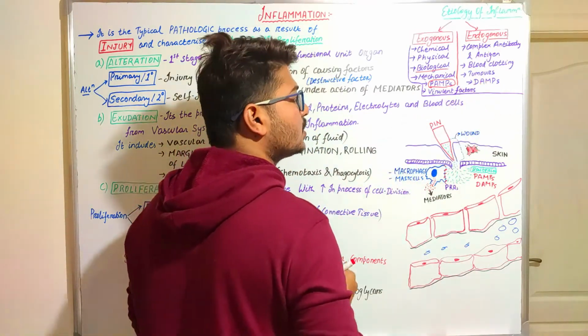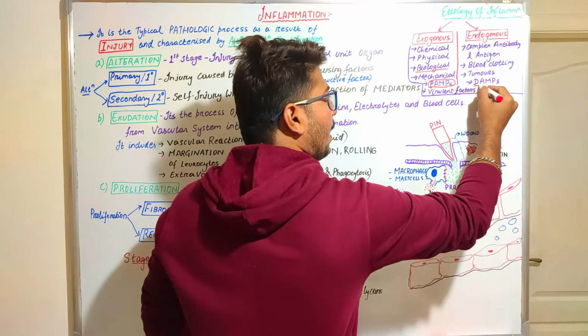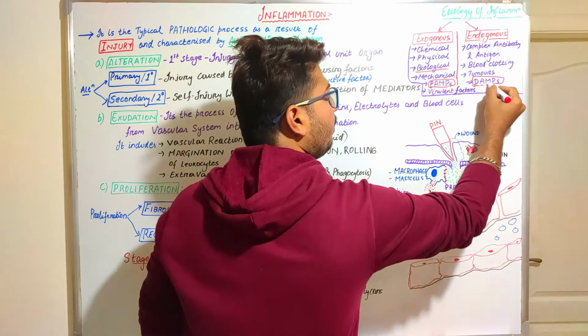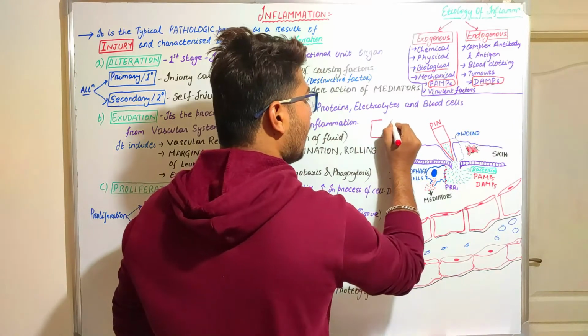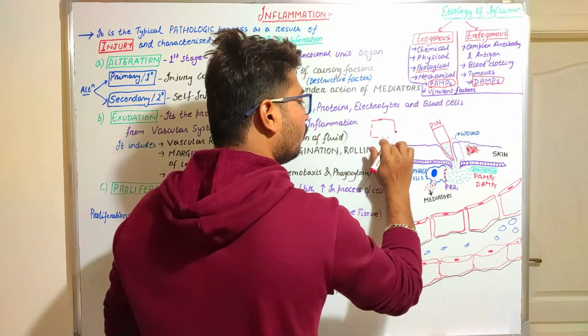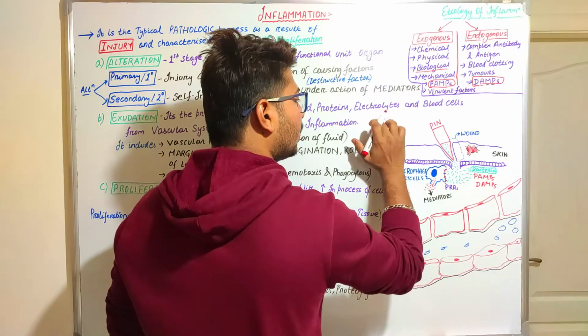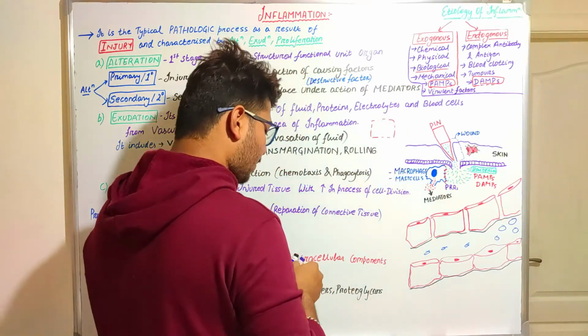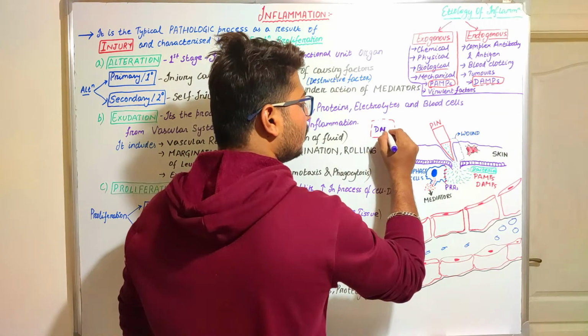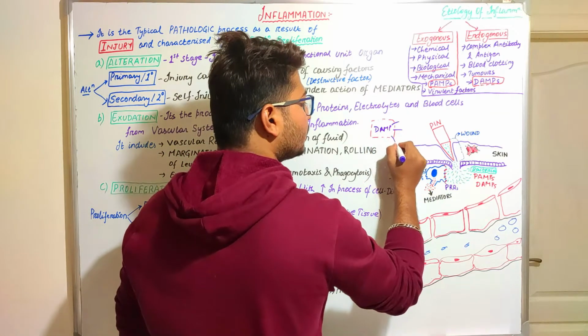What do we mean by DAMPs? Damage associated molecular patterns. If this is a cell and the cell dies or the cell membrane gets destroyed or damaged, then the DAMPs which were present inside the cell are going to be released outside.